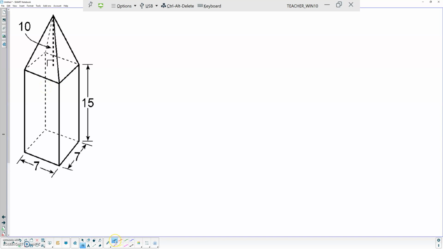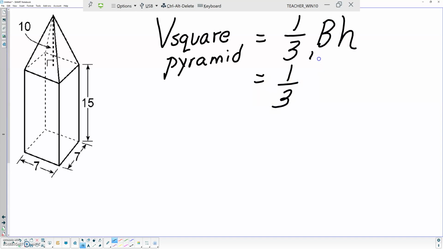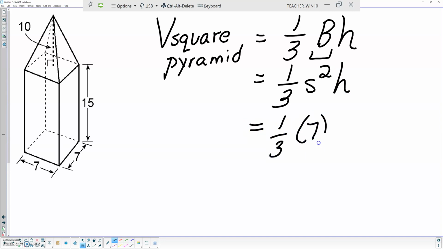I'm going to find the volume of the square pyramid first. Volume of the pyramid is 1/3 area of the base times the height. Since our base is a square, we can replace capital B with side squared. So we get 1/3 times 7 squared, and the height of our pyramid is 10.